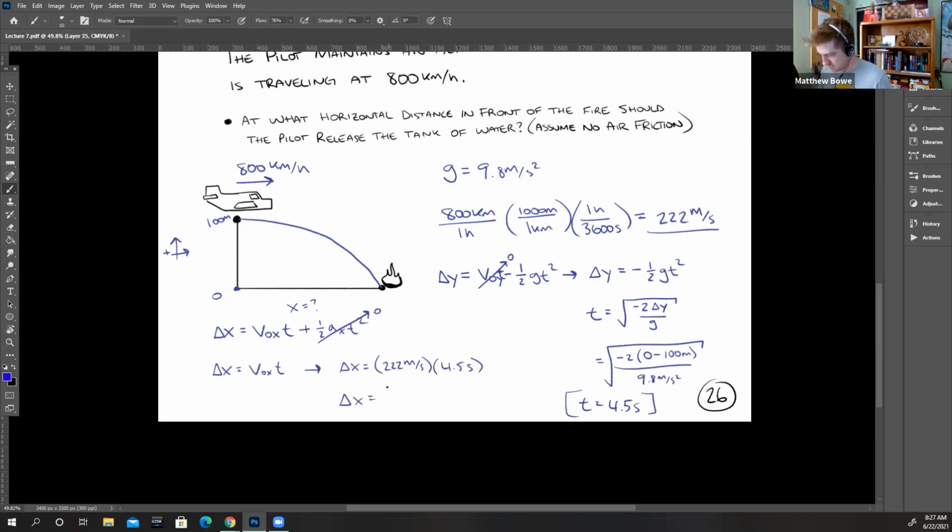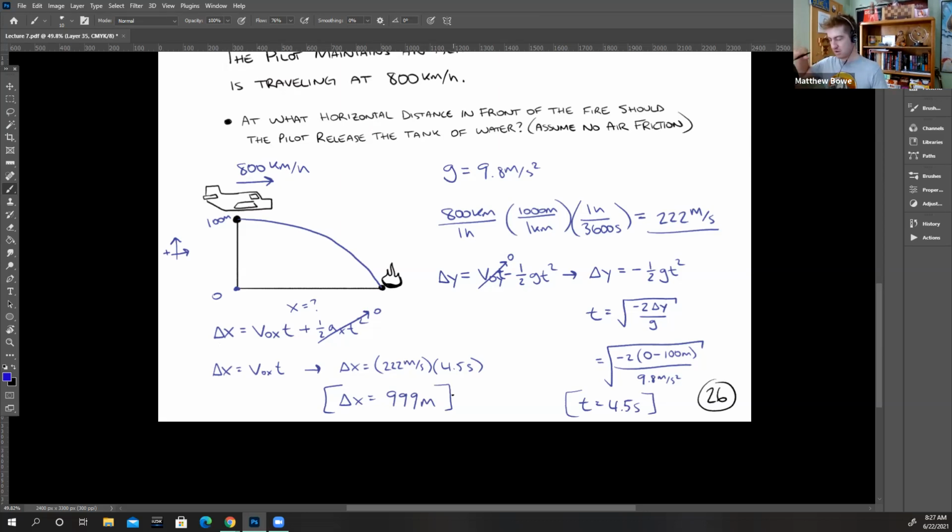We get a result of delta x. That's just final minus initial, or this range. We get a result of 999 meters. So I could pretty much round this to 1 kilometer in front of the fire.